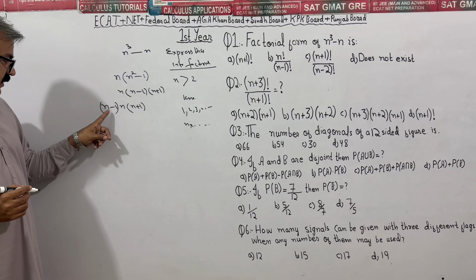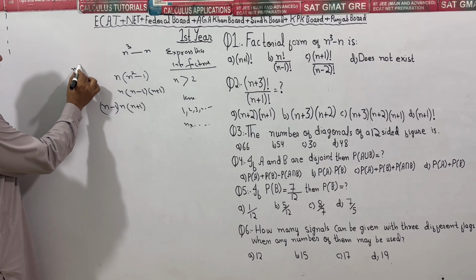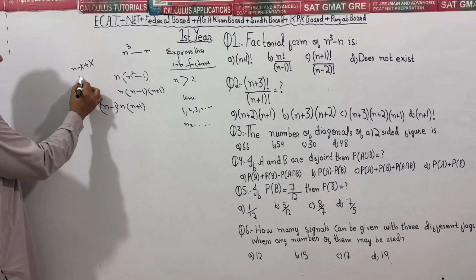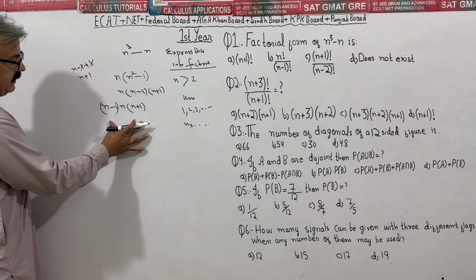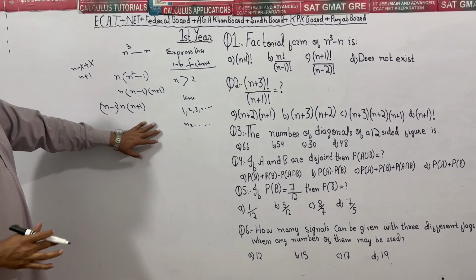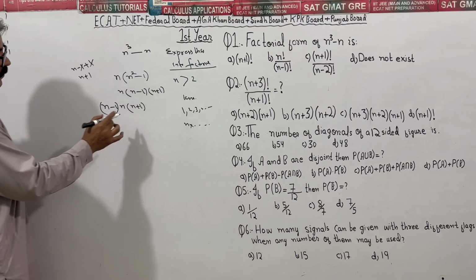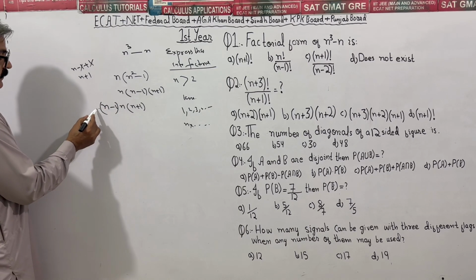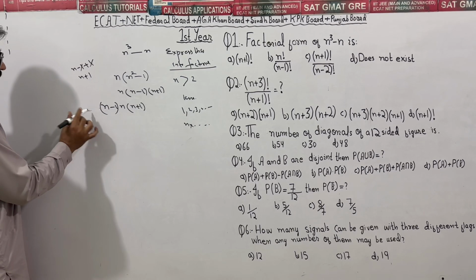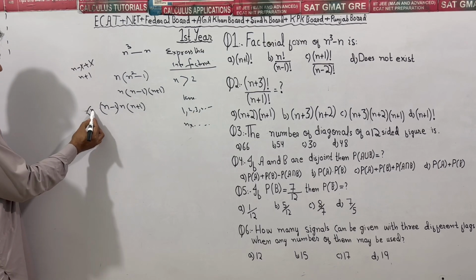Keep on adding 1. If we add 1 to n minus 1, we will get n, the next term. Add 1 to it, we will get the next. It is fit for factorial, but for factorial we need n plus 1, and n minus 2 and so on. Prior to this is n minus 2.